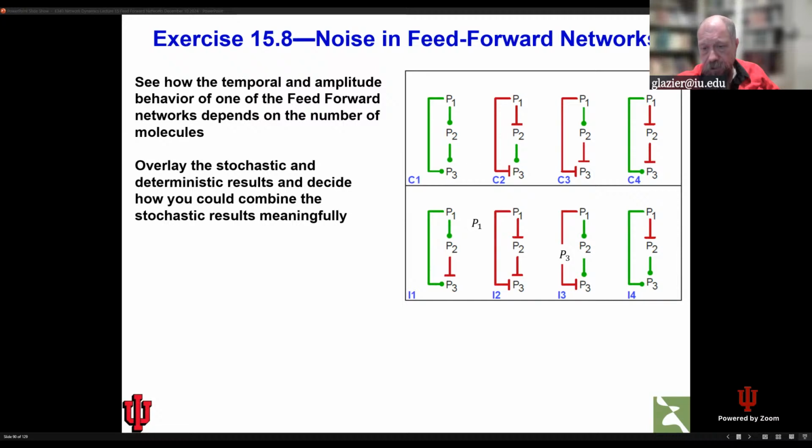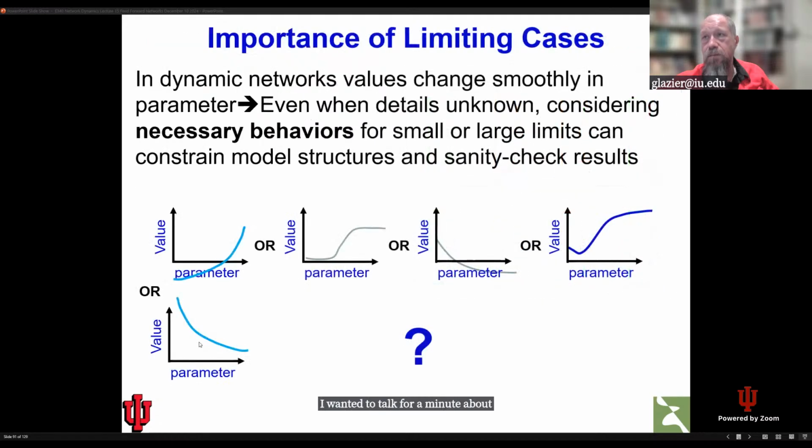Okay, so we only have a few minutes left. I wanted to talk for a minute about limiting cases, which is really thinking about whether results make sense or not. This is something I often talk about a little earlier in the class. It could also be something we do when we do Hill functions, where we don't really know complete information and we want to come up with a mathematical guess that's reasonable.